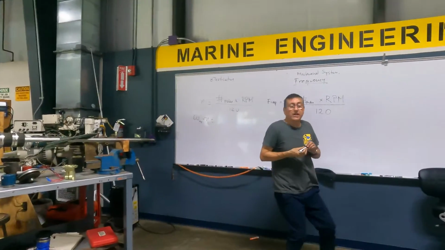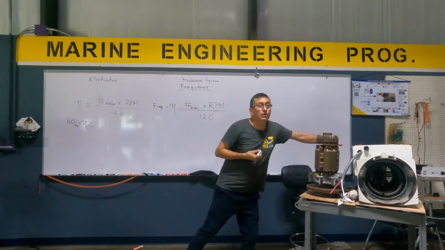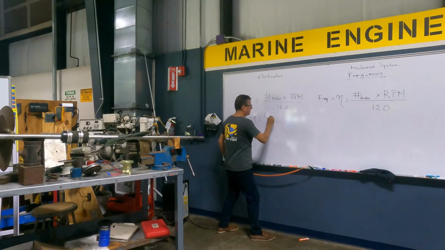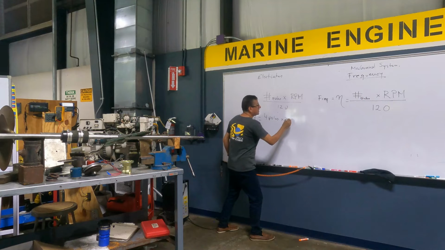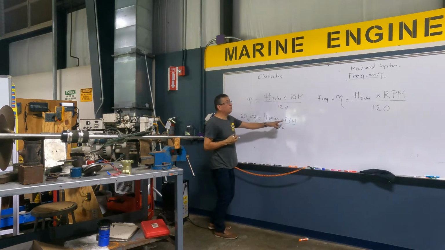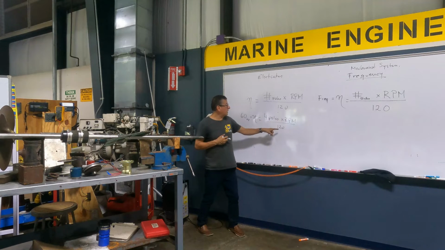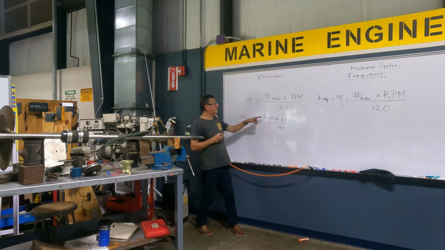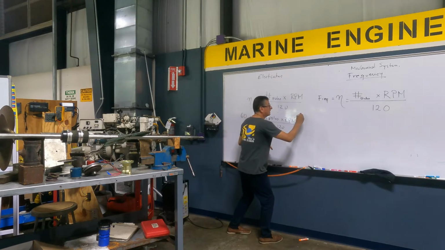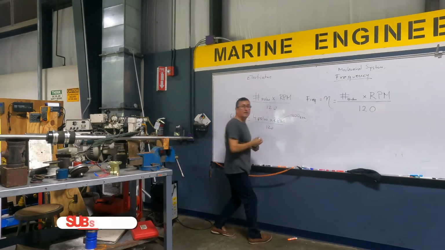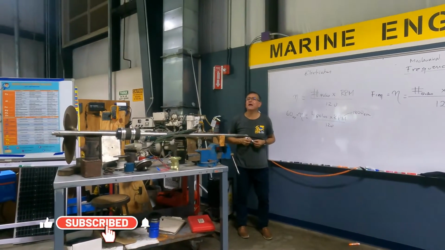The majority of generators have 4 poles on the rotor, times the engine RPM, divided by 120. How much should the RPMs be to produce 60? RPMs is equal to 120 times 60 divided by 4. How much is that? 1800 RPMs, for 60 hertz.